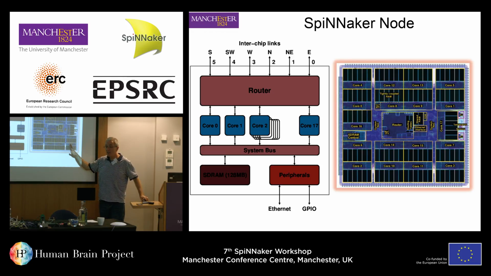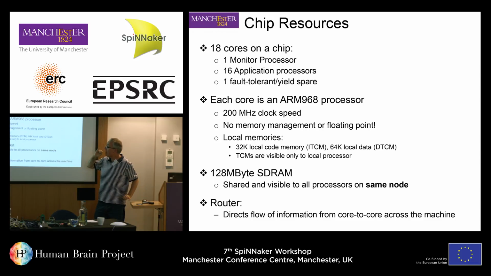These are completely general purpose cores, which are ARM 968s. They run at 200 megahertz, which is not fast. You know, this is not an Intel i5 we're talking about here. There is, as I mentioned, no floating point. So if you're trying to write something and say, okay, where's floating point? We can run the floating point library, emulating floating point, but the performance is not great.